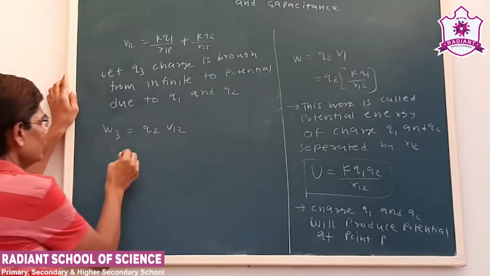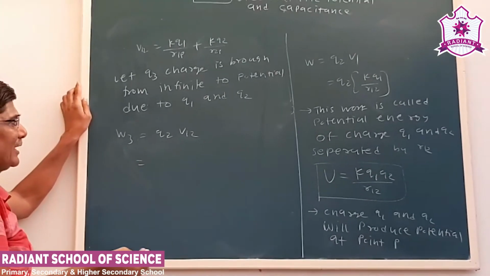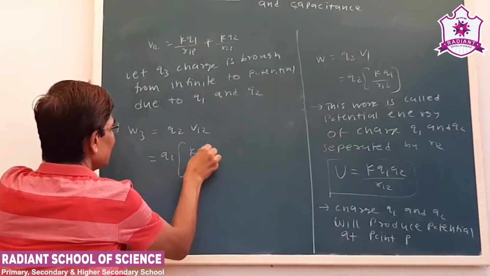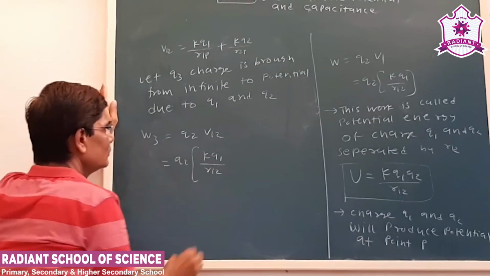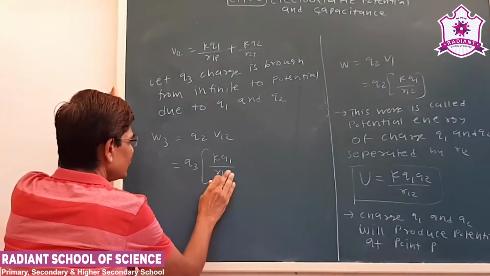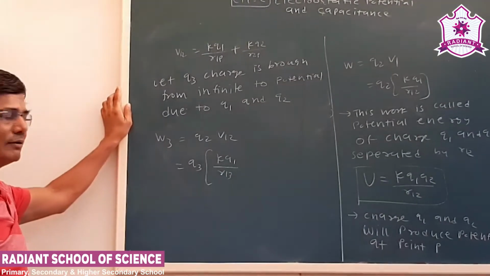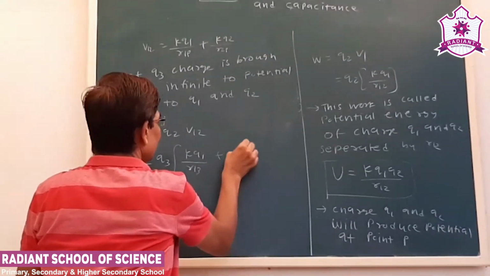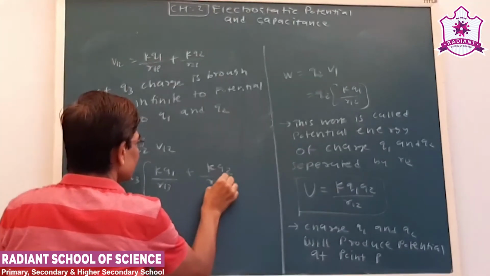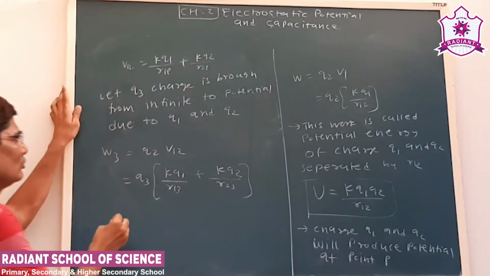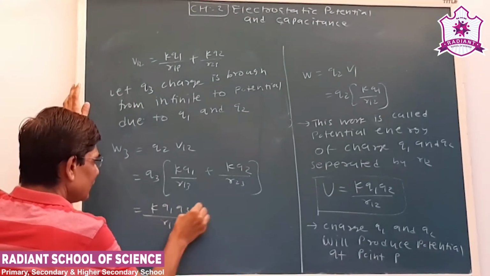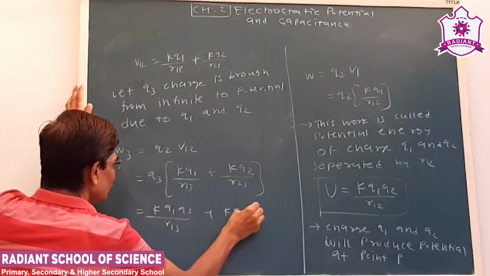Again we can write it in the form of distance: Q3 into KQ1 upon r13 plus KQ2 upon r23. So we can simplify it as KQ1Q3 upon r13 plus KQ2Q3 upon r23.